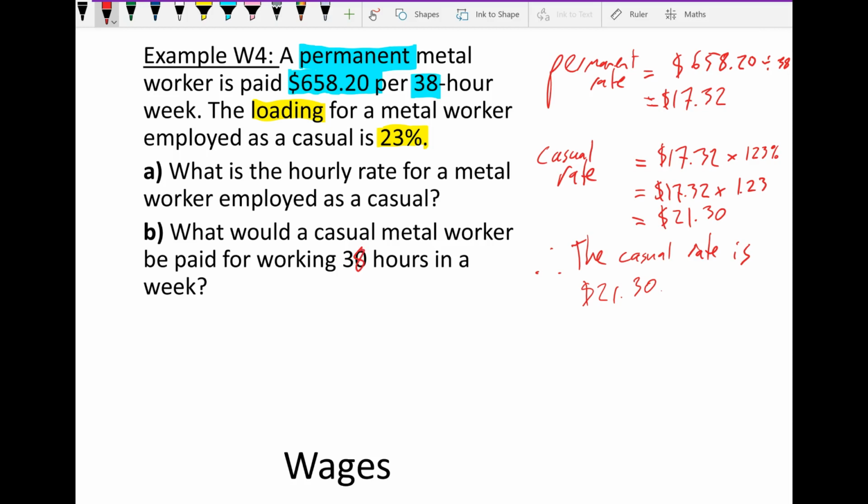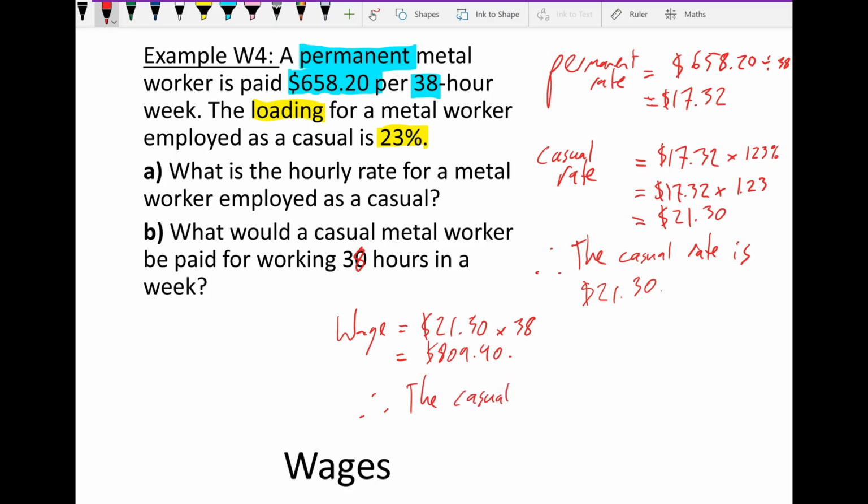Okay, so the casual worker, his wage is going to be $21.30 times 38 hours, and so that's going to be $809.40.